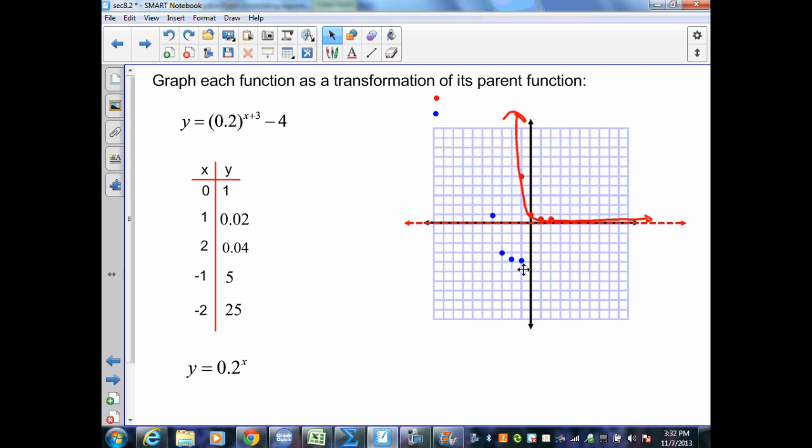And as you can see, I can connect the points. And I will have an asymptote at a negative 4.